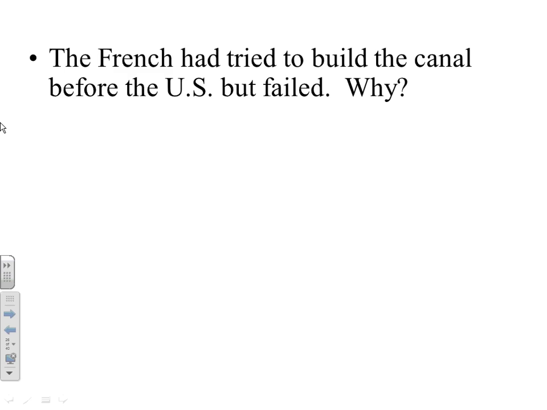The French had tried to build a canal in Panama before the United States, but they were unsuccessful. Part of that is because of not having appropriate tools and innovated technology, but mostly is because of malaria. Many of the workers that the French construction company utilized died because of malaria. Remember, malaria is mal, bad, aria, that's Latin for air.